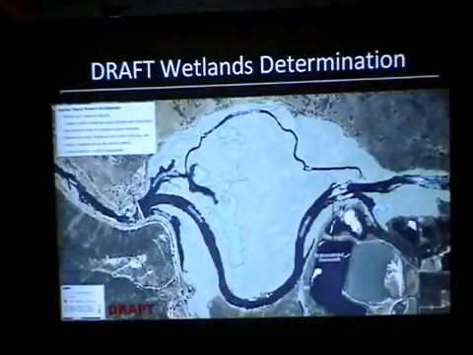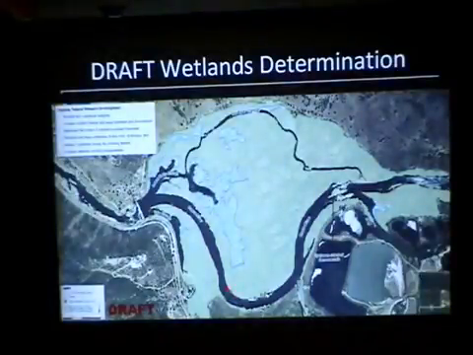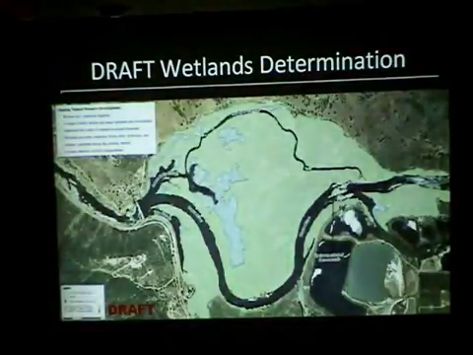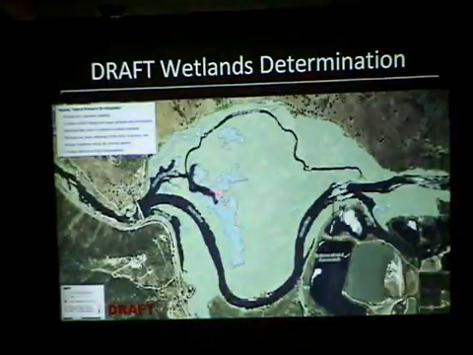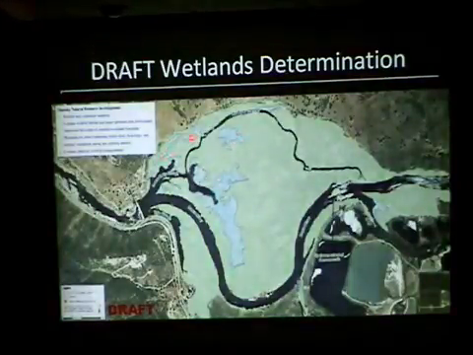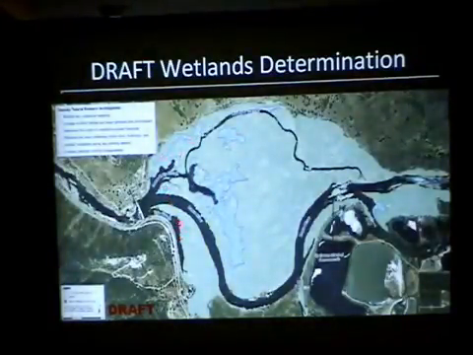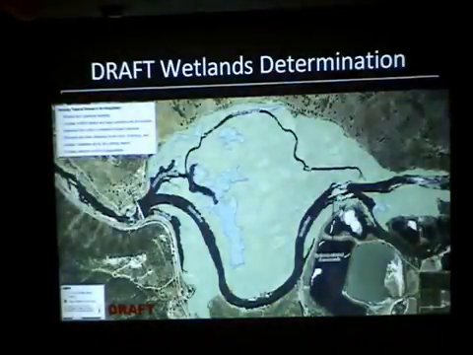But these are the initial findings, and what you can find out here, especially if you've ever been out into this area, is that this blue is what we're mapping as wetlands right here. There are isolated pockets of wetlands, and a lot of marginal fringe wetlands around the waterway, all within the ordinary high water for the most part.